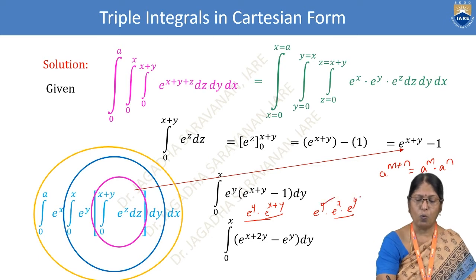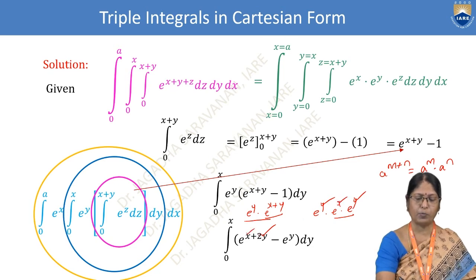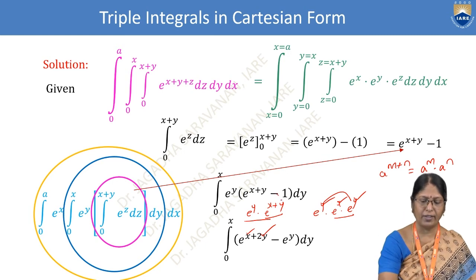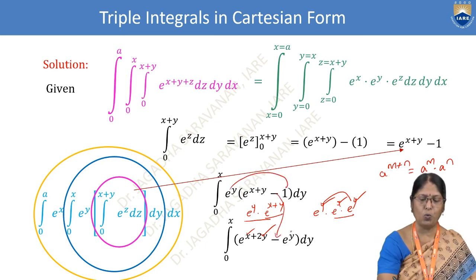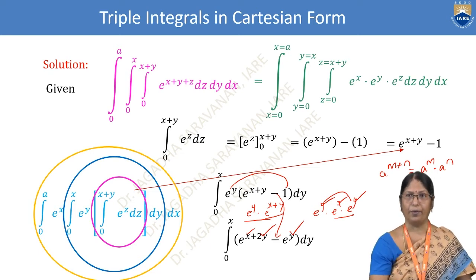Now y appears 2 times, so it is e power x into e power 2y. The minus sign is written as it is, and e power y into 1 is e power y, dy. Now we are going to do the integration.